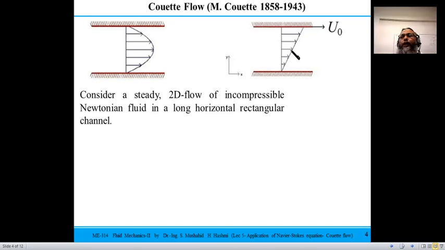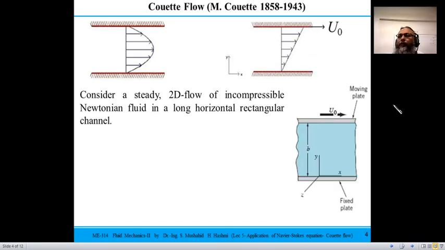We are assuming the fluid obeys Newton's law of viscosity, or the fluid is a Newtonian fluid, where stress is directly proportional to strain rate, so stress and strain have a straight line behavior. This is the assumption.